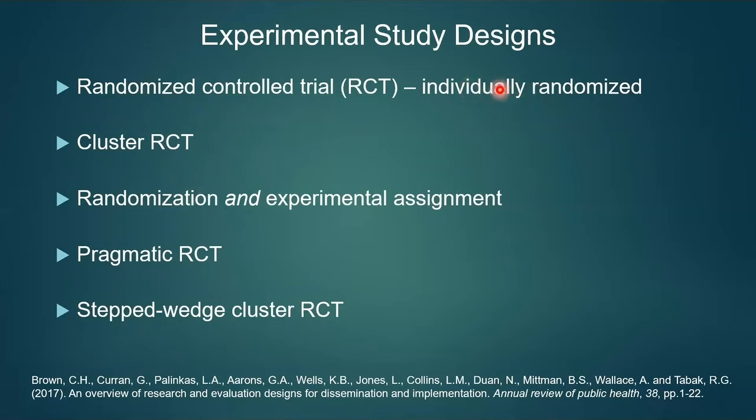So instead of individually randomizing each one of the pregnancies, we might look at, say, 60 clinics in which deliveries are taking place, and we might randomize some clinics to the intervention, and other clinics might be randomly assigned to continue on with standard of care. That's called a cluster randomized controlled trial.